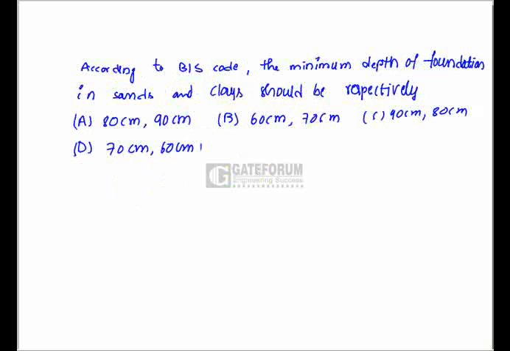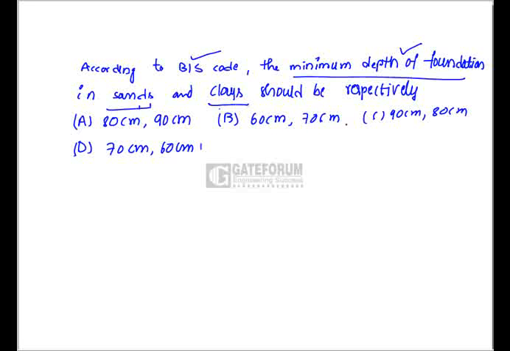To choose the minimum depth of foundation for sands and clays as per the BIS code, we have to choose it in such a way that sands are going to have less settlement and clays are going to have more settlement. So the minimum depth of foundation required for sand is going to be low and for clay is going to be high.